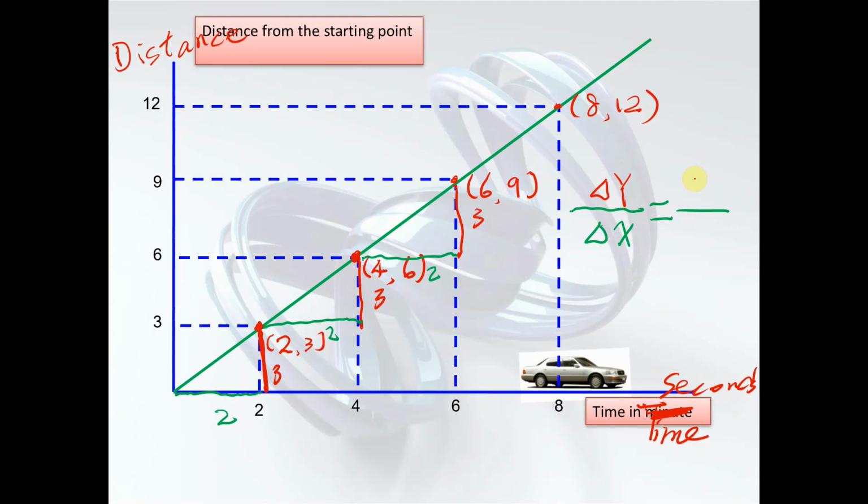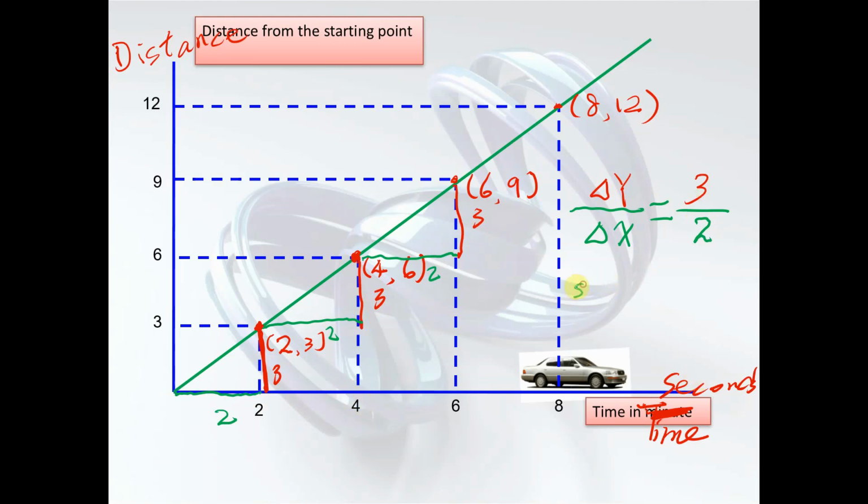In this case, I use red, 3, 3, 3 every time. And change of x, which is time, is 2, because from 0 to 2, increase by 2. From 2 seconds to 4 seconds, increase by 2, etc.